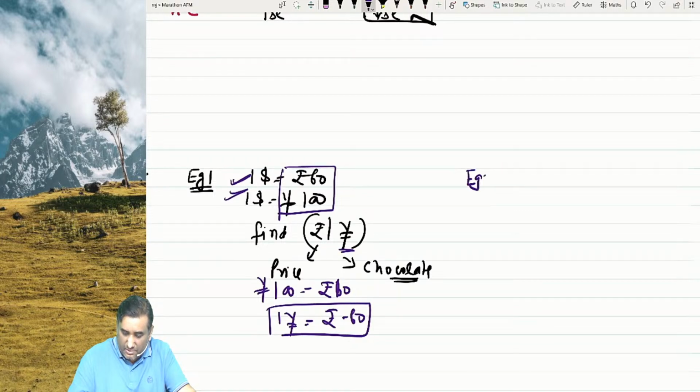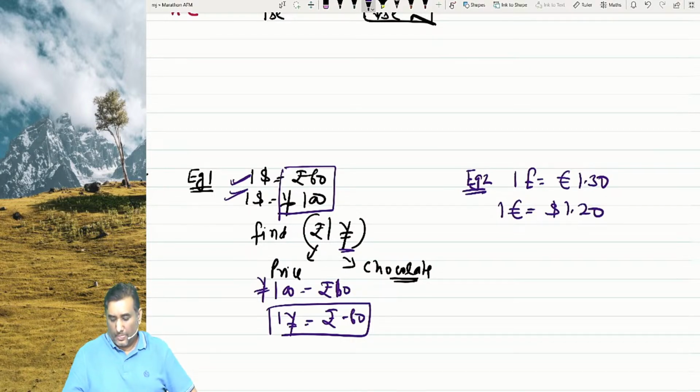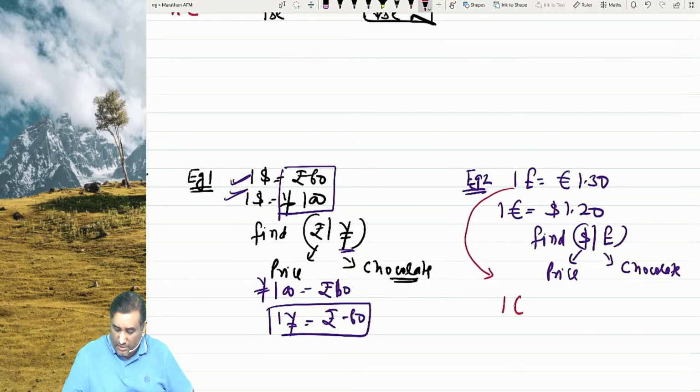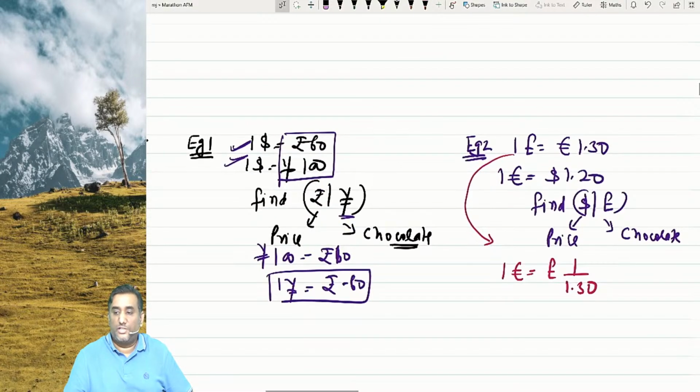Example number 2. 1 pound is equal to euro 1.3, 1 euro is equal to dollar 1.2. Find dollar per pound. Dollar is the price here, pound is the chocolate. First, we keep the common currency on the left. In this case, we'll put 1 euro is equal to pound 1 divided by 1.30.